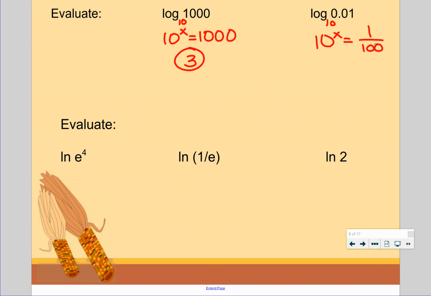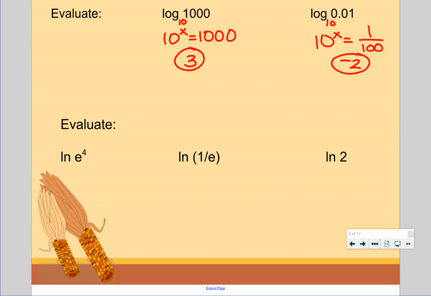If it was 0.001, it would be a thousandth. But if I write it as 1/100th, you can see that relationship we were talking about before, right? 10 to what power is going to give me 100? 2. There we go. But it's in the denominator. So -2 is my answer.